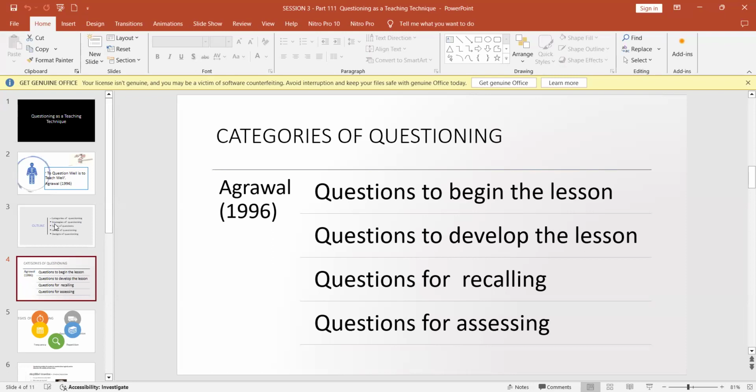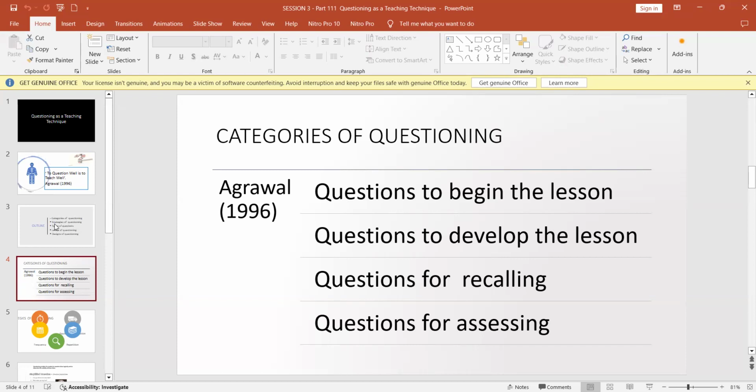You can use the term uses of questioning, right? Why do the teachers use questioning? For what purpose do the teachers use questioning during a lesson? He terms it as categories of questioning. So he identifies 4 categories. Can one of you read the 4 categories here?